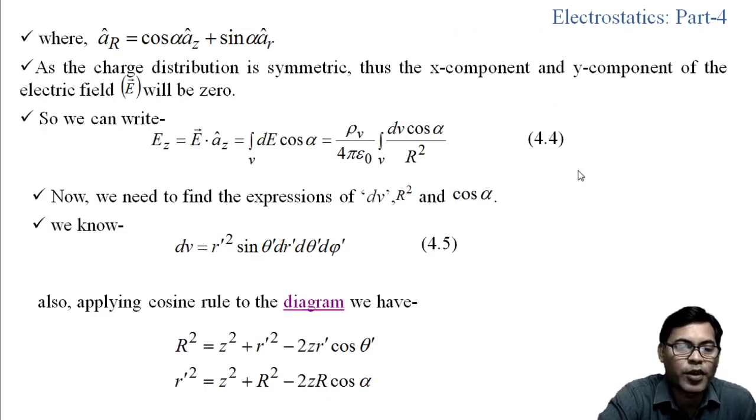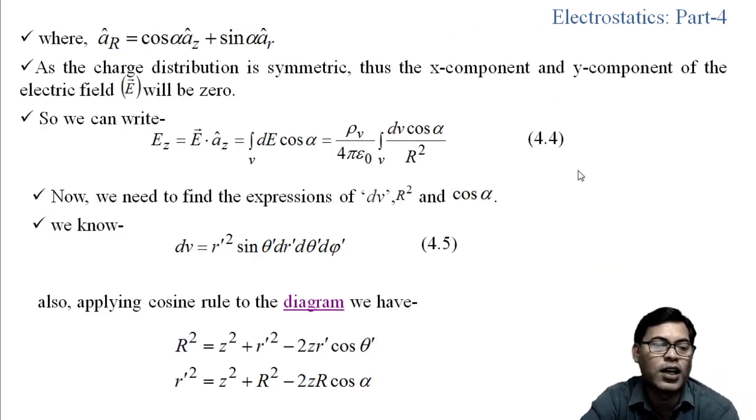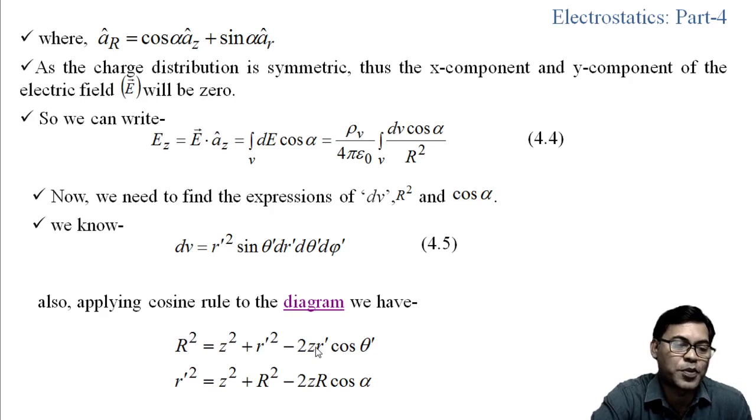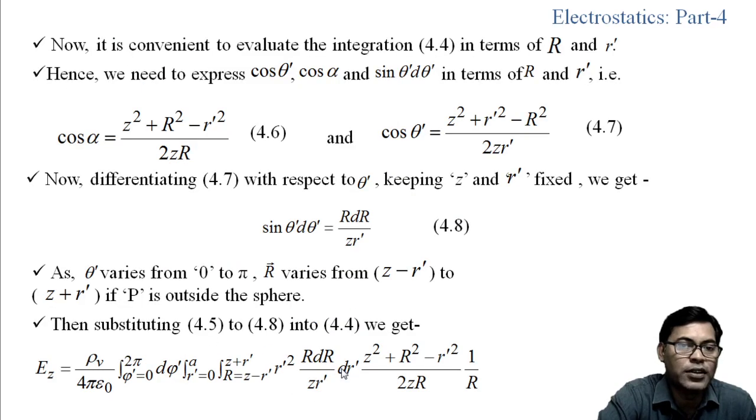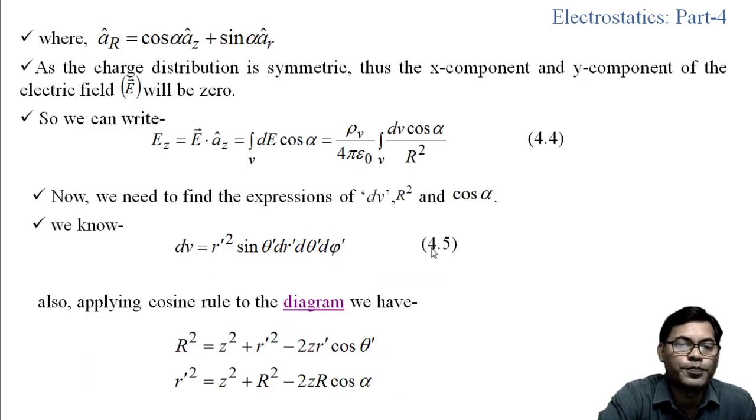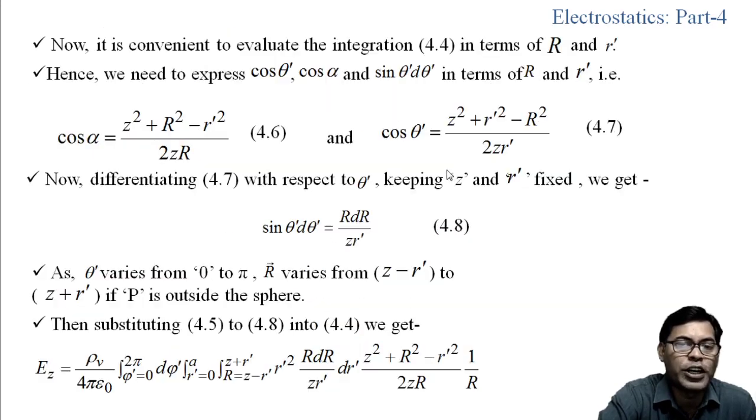We will see afterwards how to get the expression using the cosine rule. So for the time being we will consider these two expressions we got using the cosine rule. After getting that expression we can now evaluate the integration, equation 4.4, in terms of capital R and r prime.